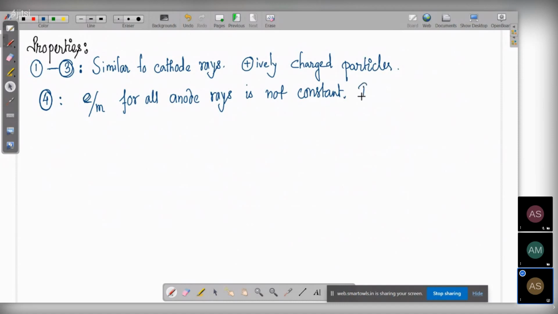It depends on the gas that is taken in the discharge tube.